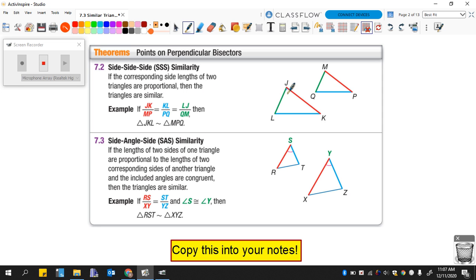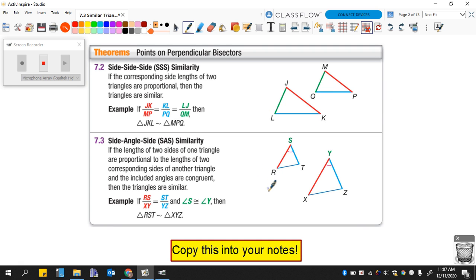In this case, the ratio of JL to MQ would have to be the same as LK to QP and JK to MP. So the ratio of all three sides has to be the same.